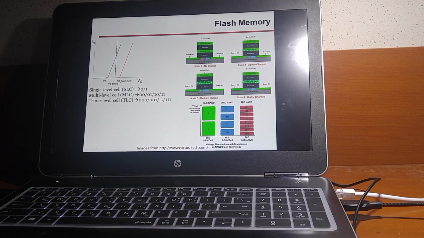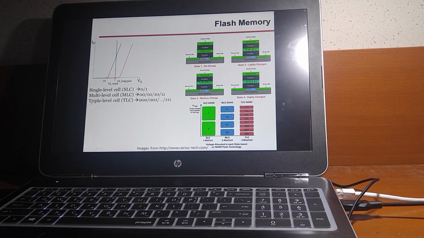And this is the flash memory threshold and ID graph. SLC is single level cell. It is 1 bit, and multi-level cell, which we also call MLC, is 2 bit, and it has three threshold voltages.